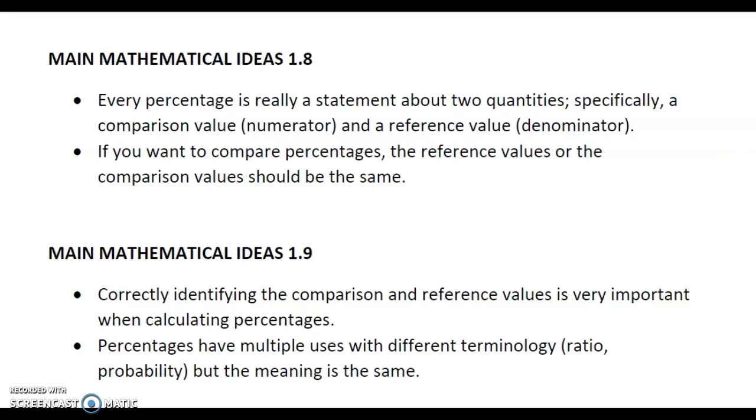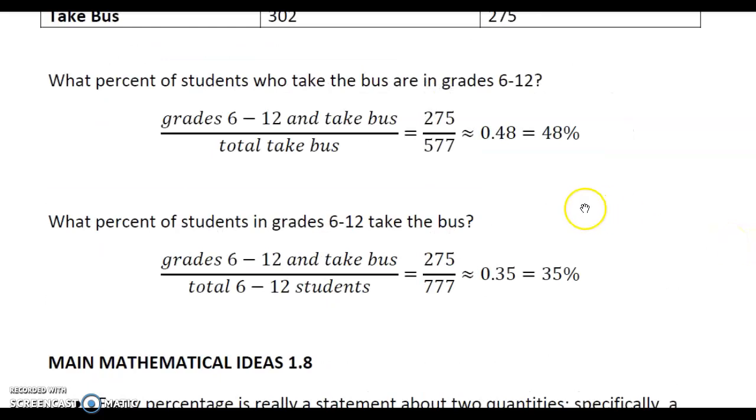If you want to compare one percentage to another, either the reference values or the comparison values should be the same. So in this last example, the comparison values, the numerators, were the same, 275, which represented the same quantity, students who were in grades 6 through 12 and take the bus.